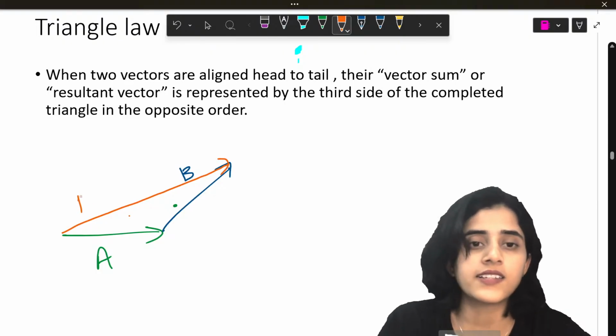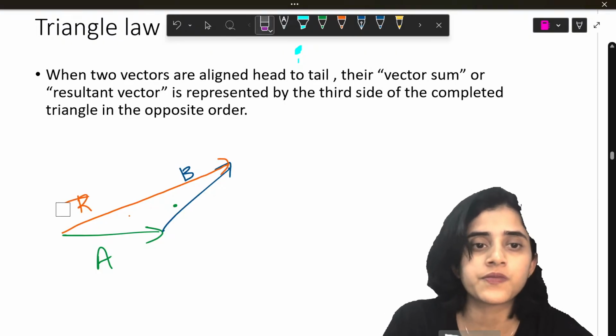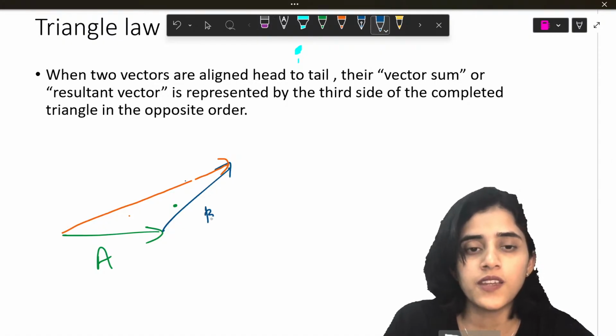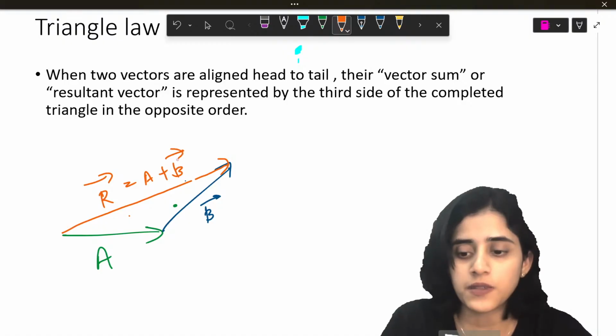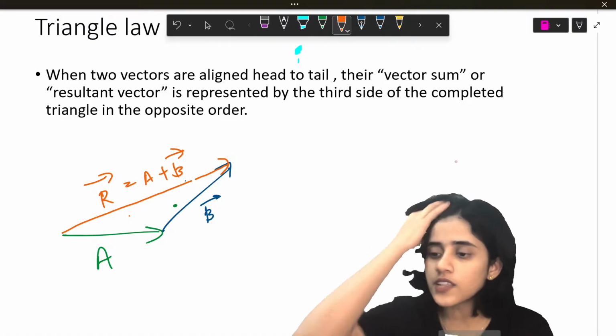So this is B, and this resultant is A plus B.